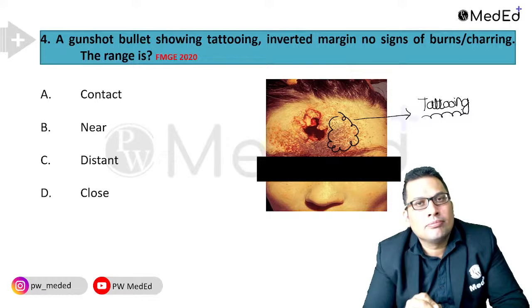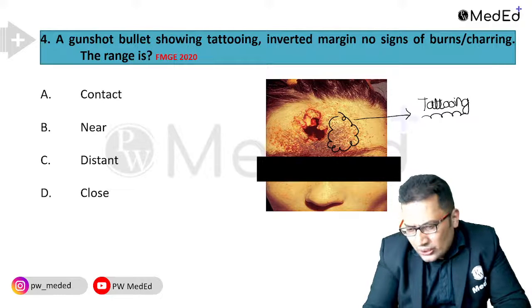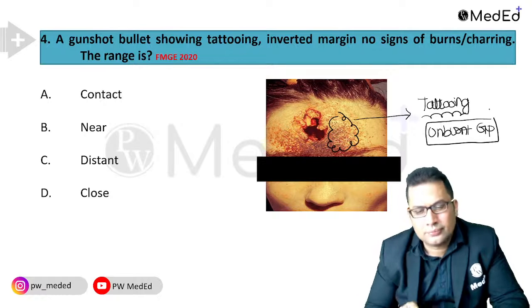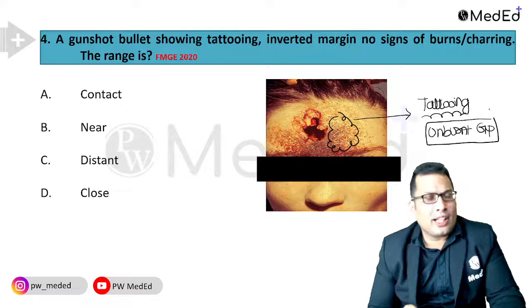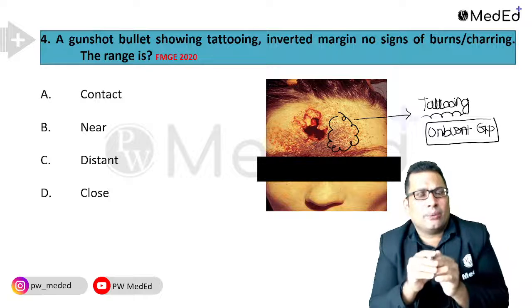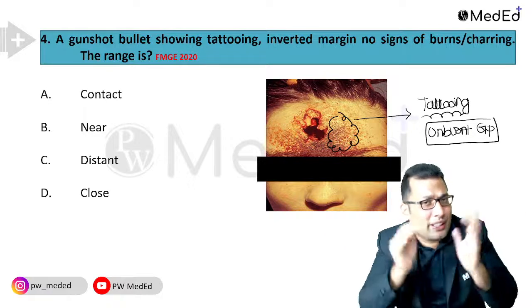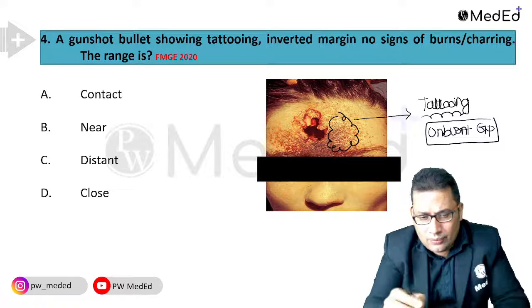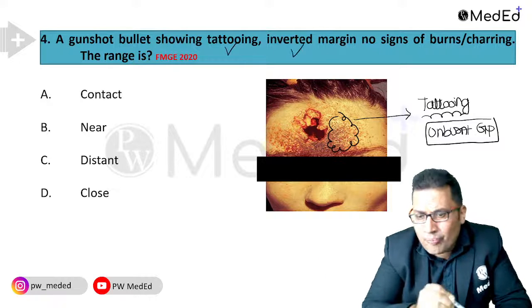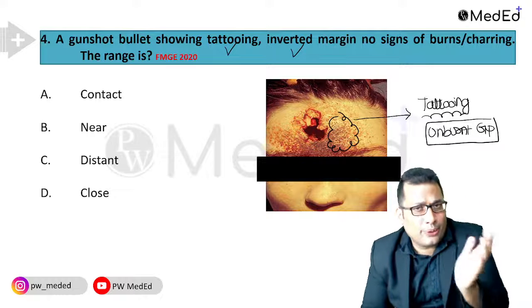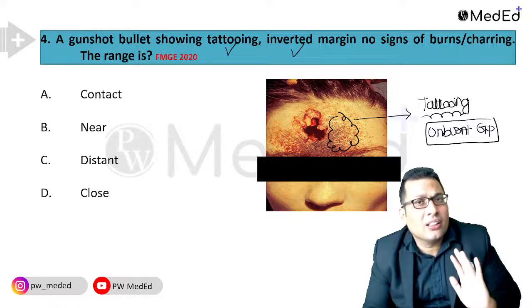Tattooing is because of unburnt gunpowder. Inverted margin, as you know, most gunshot entry wounds have an inverted margin, and the exit wound has an everted margin. No signs of burning and singeing of the hair, or charring.